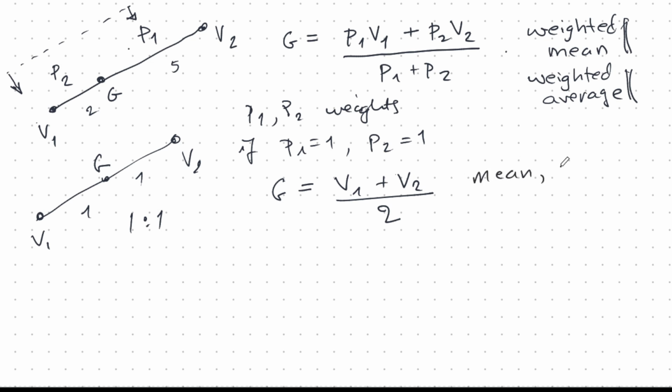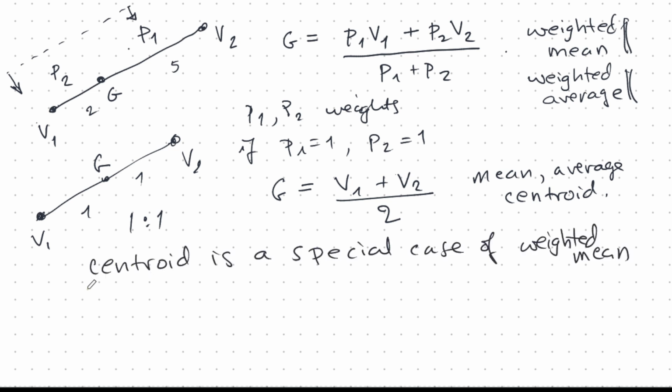You want to call it mean, average. Or, if you think of this V1, V2 as a degenerate polygon that's only one line, that's fine. This is also the centroid. So let's keep this in mind that the centroid is a special case of the weighted mean. So let's make a note of that. That's something very important to keep in mind.